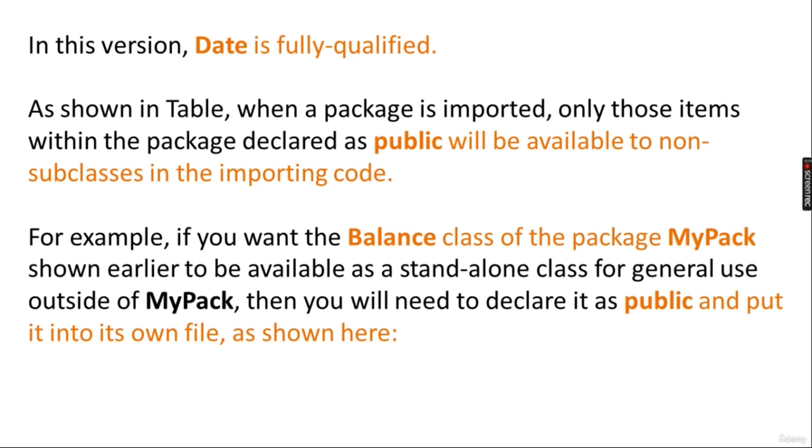For example, if you want the Balance class of package mypack shown earlier to be available as a standalone class for general use outside of mypack, then you will need to declare it as public and put it into its own file as shown here.